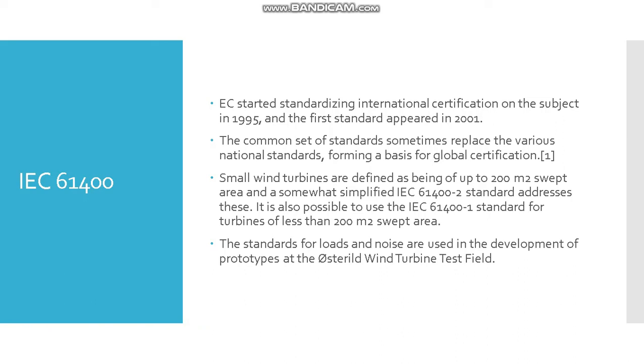It is also possible to use the IEC 61400 Part 1 standard for turbines of less than 200 meters squared swept area. The standard for loads and noises are used in development of the prototype at Stride Wind Turbine Test Field.